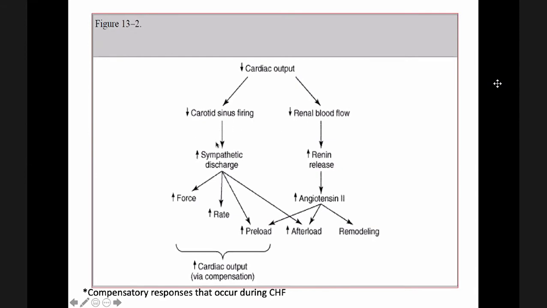And because of the reduction in your carotid sinus firing, you will have an increase in the sympathetic discharge, causing an increase in the force as well as an increase in the heart rate, preload and afterload. The increased force as well as the increase in your cardiac rate and preload and afterload are all compensations in an attempt to increase your cardiac output.